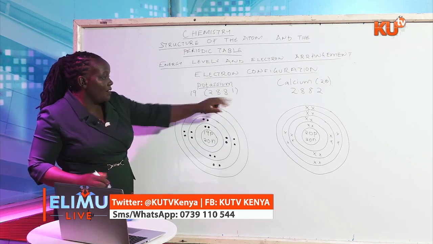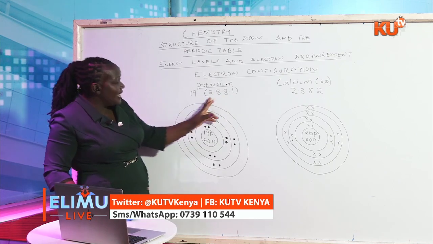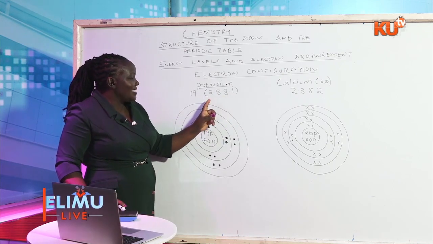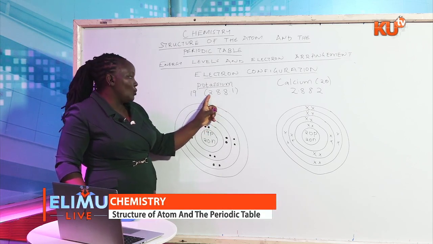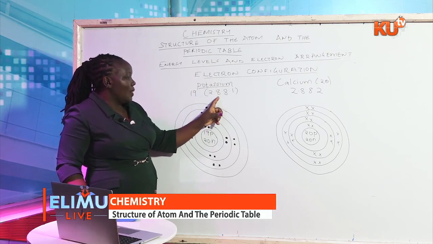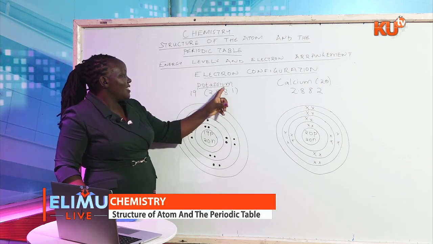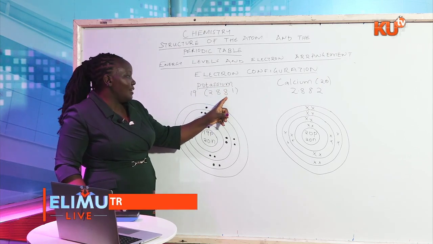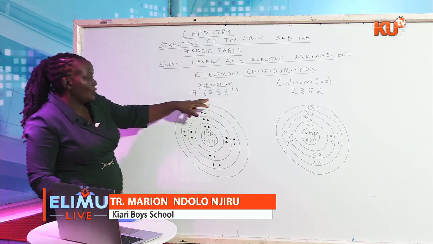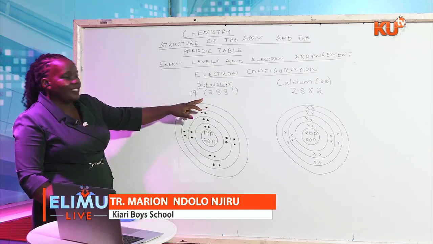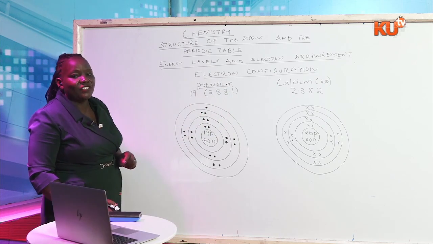Like in this case, we have potassium. From the electron arrangement, we can see that we have the first energy level, which has 2 electrons, the second one, which has 8, the third one has 8, and then the fourth one. So in total, potassium has 4 energy levels.